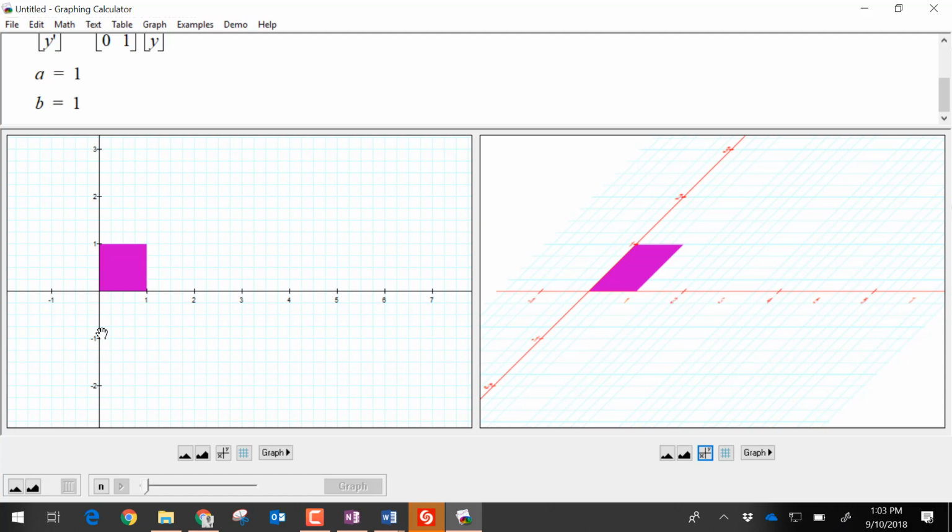Distorts it in a way that's called shearing it.